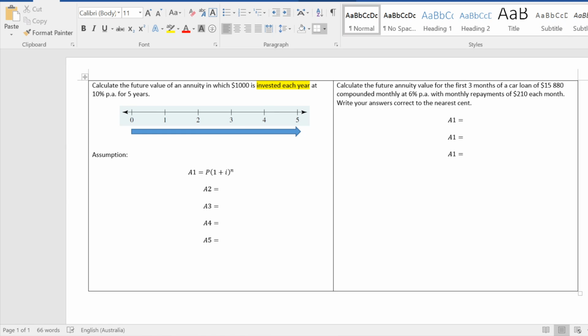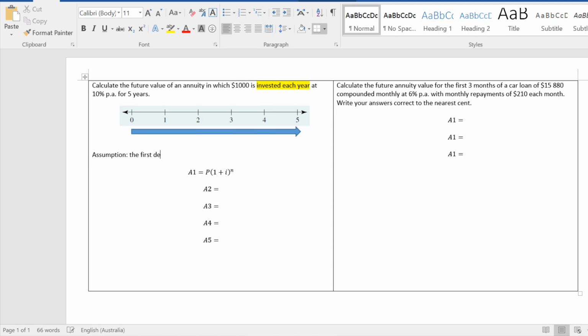Now, where are we going to deposit that $1,000 at our starting point? Are we literally going to deposit it just as we open it, or are we going to be waiting a whole year before we deposit that $1,000? Theoretically, for the first year, we won't have anything in there. The way that the textbook Jacaranda does this, with the wording of the question, is to assume we make that deposit after 1 year.